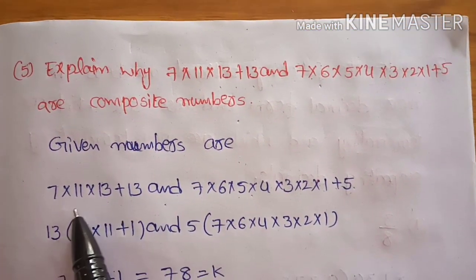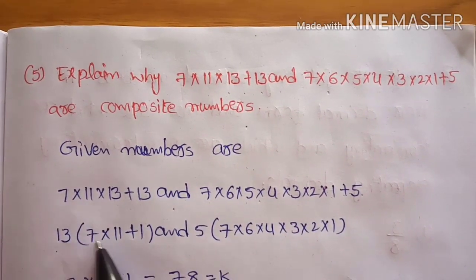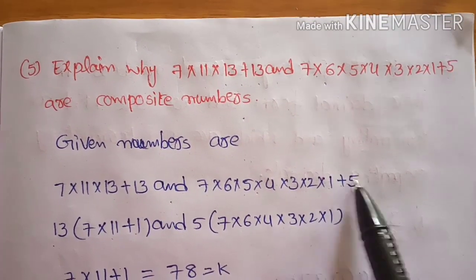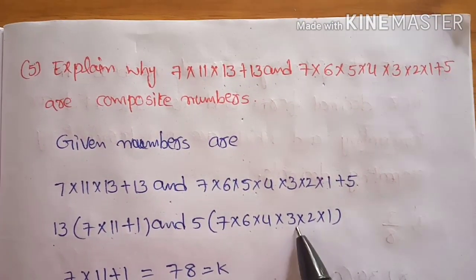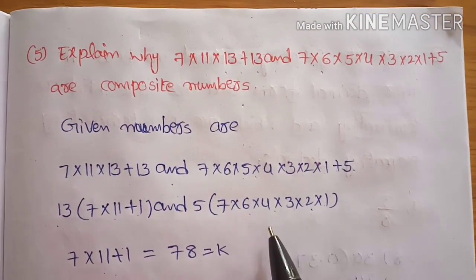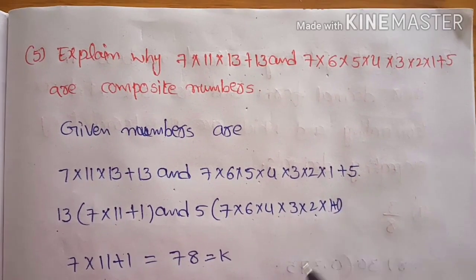Okay, in the first number 13 is common: 13 into (7 into 11 plus 1). In the second, 5 is common: 5 into (7 into 6 into 4 into 3 into 1 plus 1).